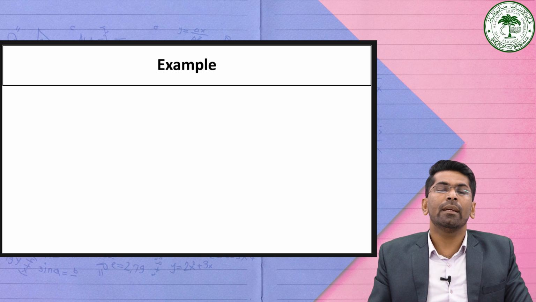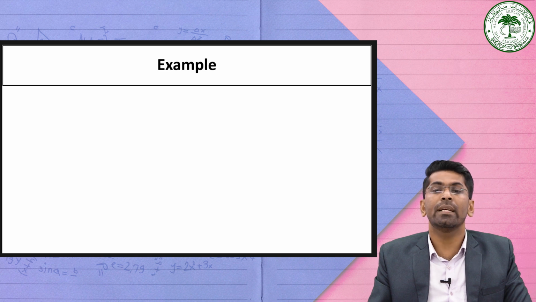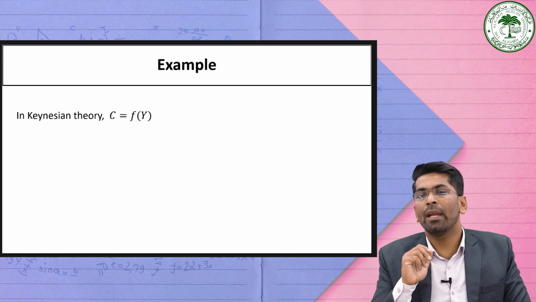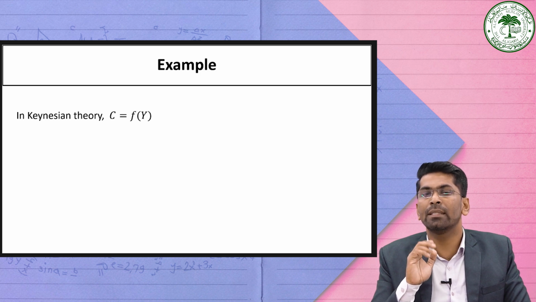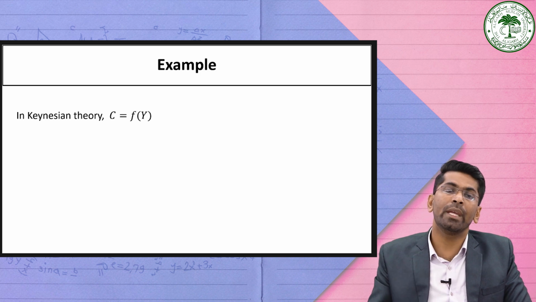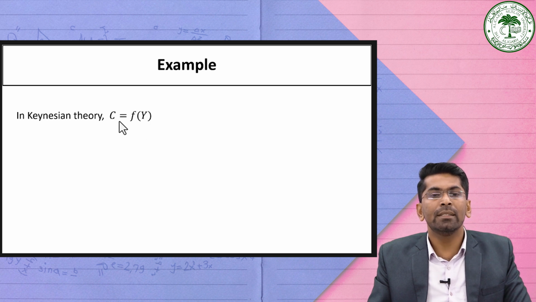Now let us see one example. We can explain this concept by using an example. In Keynesian consumer theory, you might be aware of the consumption function, that is, consumption is a function of the level of income. C is equal to a function of y, which means that as income changes, consumption also changes.